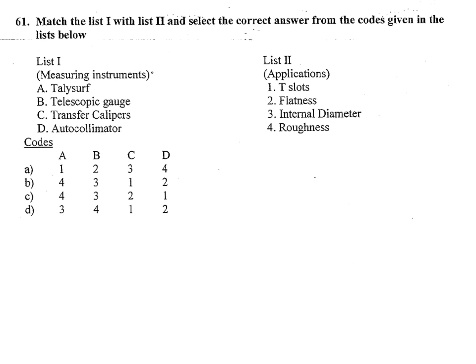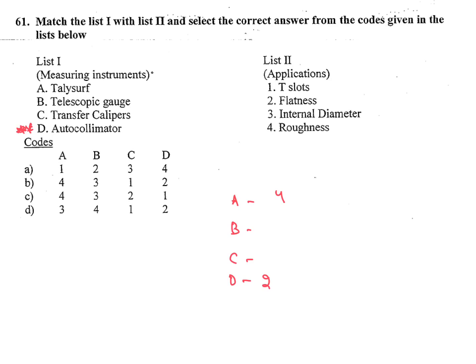Next, list 1, list 2 matching. A. Talysurf, B. Telescopic gauge, C. Transfer calipers, D. Autocollimator. This is very important, autocollimator. List 2: 1. T slots, 2. Flatness, 3. Internal diameter, 4. Roughness. Talysurf we are using for roughness. Autocollimator, flatness measurement.